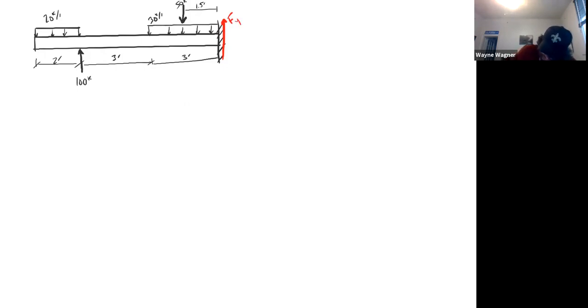We could have an Fx, but Fx is trivial in this case because there are no lateral forces, so it just adds up to 0. We'll erase that. Then we're going to have a moment because this is not a pin connection. It's part of the wall. So the moment, typically I like to draw it positive, moment in the z, because that makes my life easier.